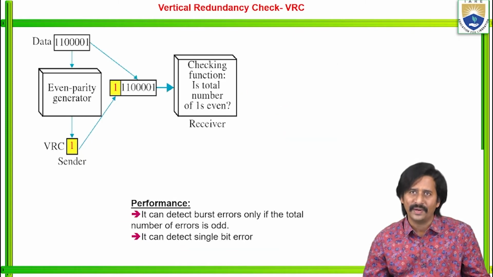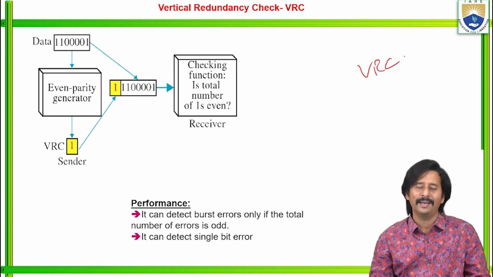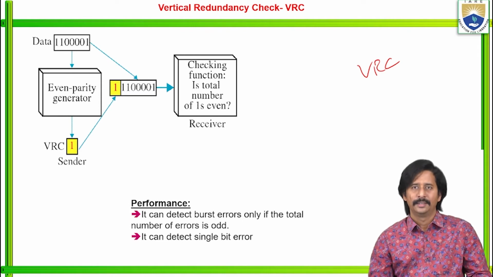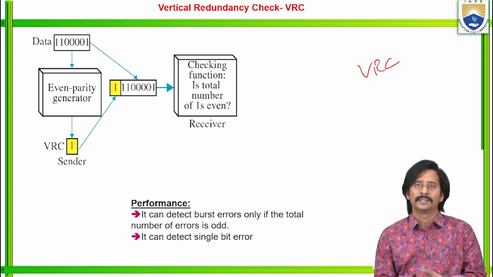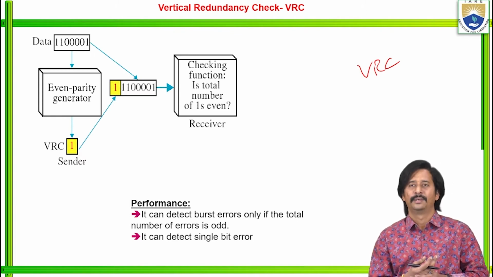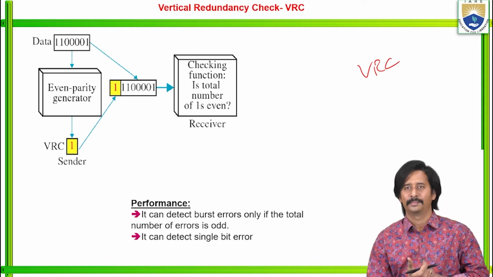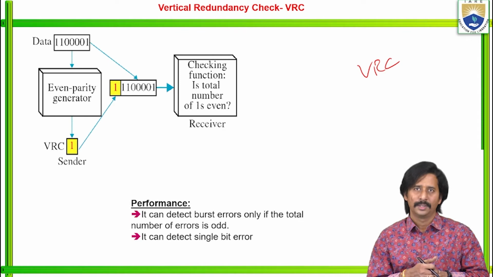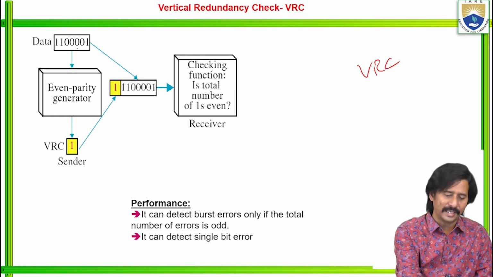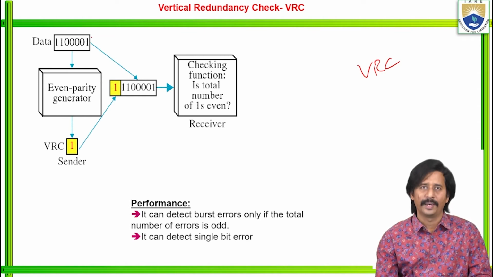So VRC is the first technique, the vertical redundancy check. This vertical redundancy check can detect burst errors only if the total number of errors is odd. Similarly, it can detect a single bit error also. Let us take this example. This is the data, 11000001.